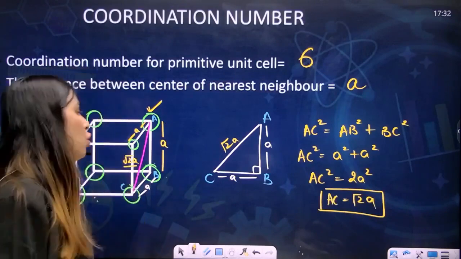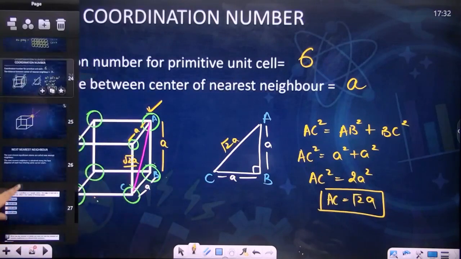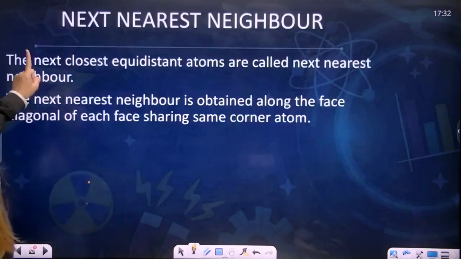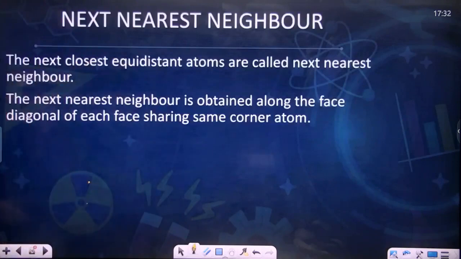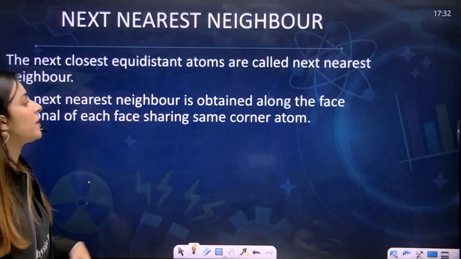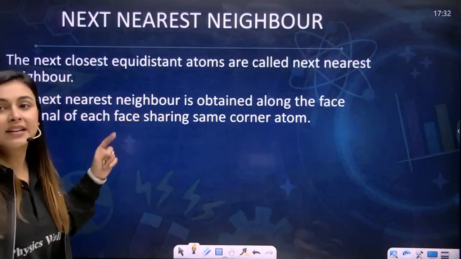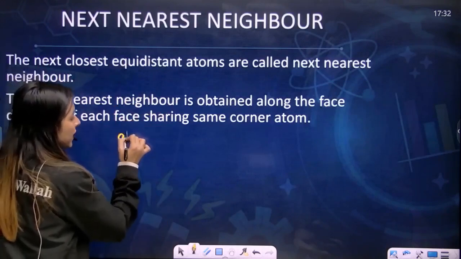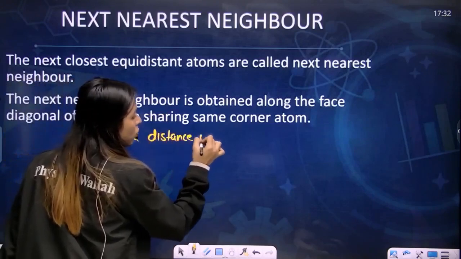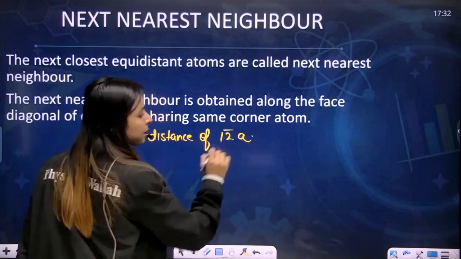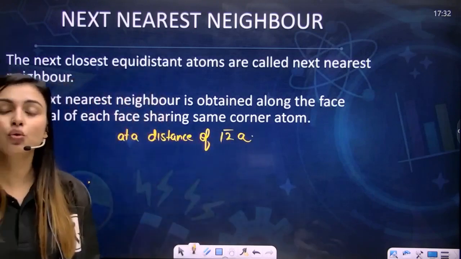Okay. So how will you write this? The next closest equidistant atoms are called the next nearest neighbors, and the next nearest neighbors are obtained along the face diagonals at a distance of root 2A.